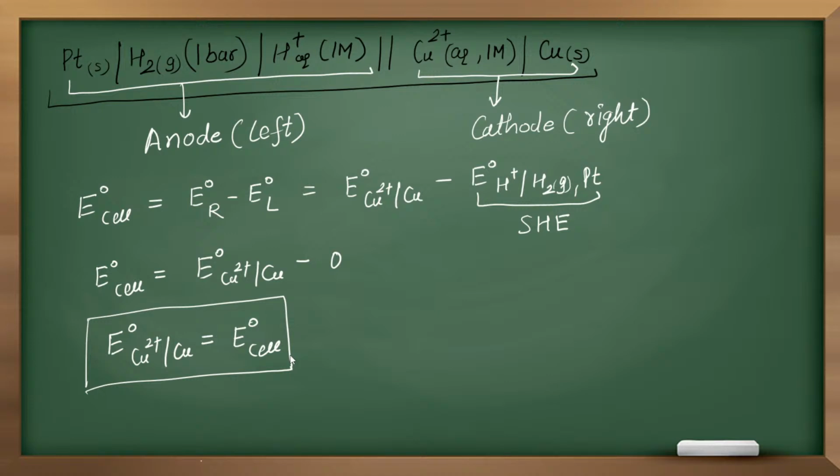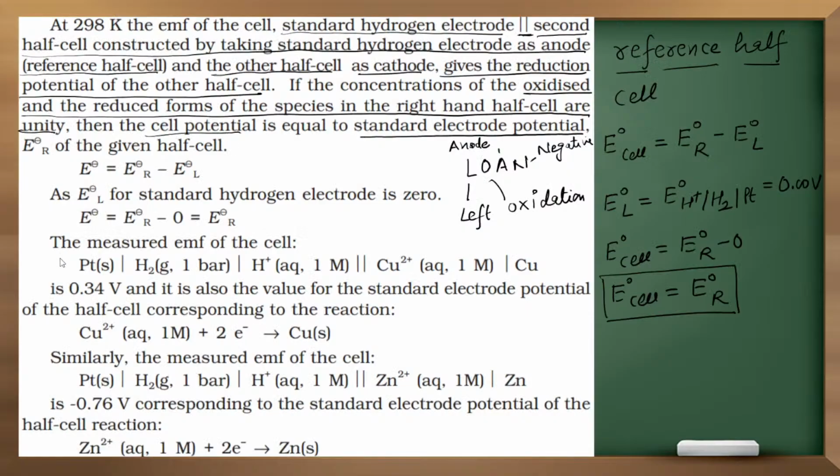Got it? Yes, beta. This is a way to calculate the reduction potential of copper. We just connect copper to the standard hydrogen electrode, the reference electrode.